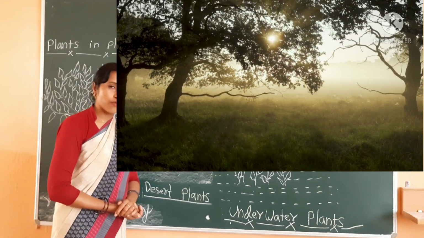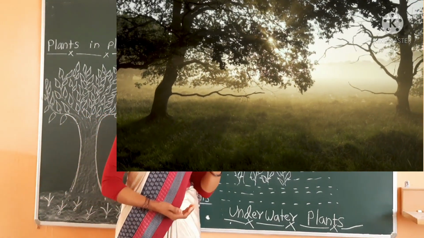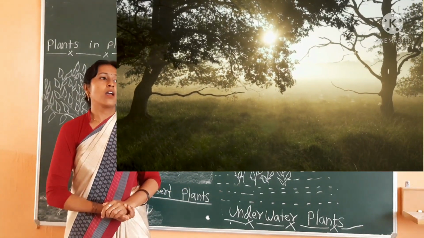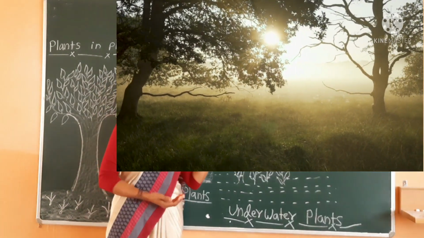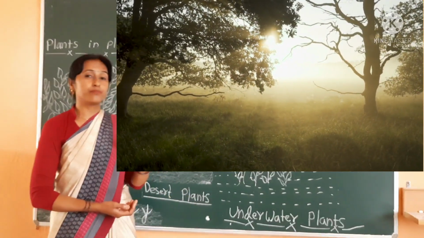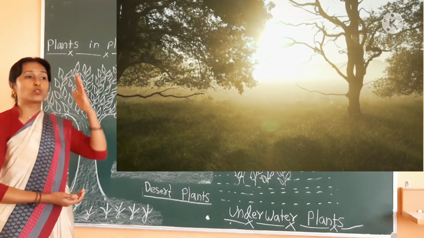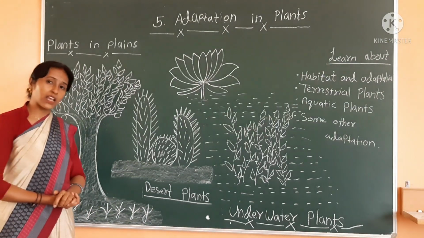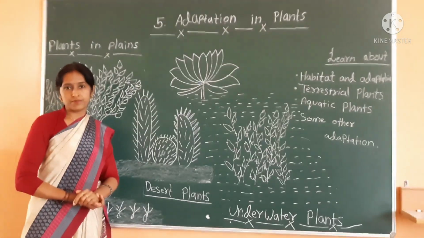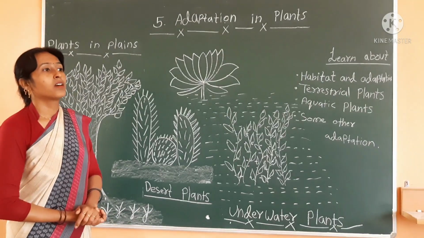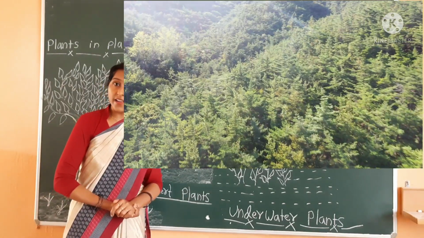So deciduous trees are found in the type of area which receives very low rainfall. Examples of such plants are mango and gulmohar. And the second one is plants which receive high rainfall.